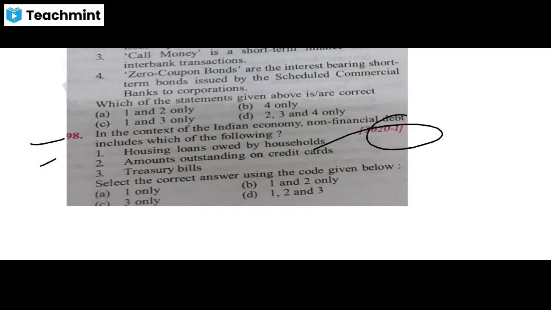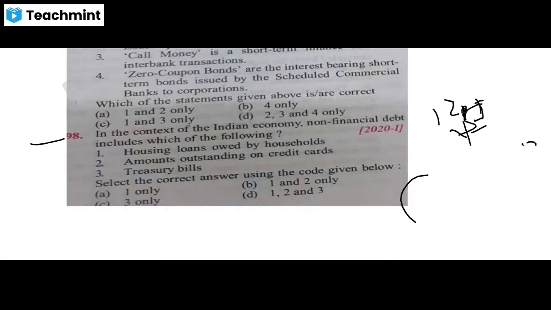Financial debts are those debts which are borrowed by a financial institution to re-lend that money. Suppose NABARD is borrowing money from RBI and re-lending those borrowed funds in the financial markets. Those monies will be called financial debt.